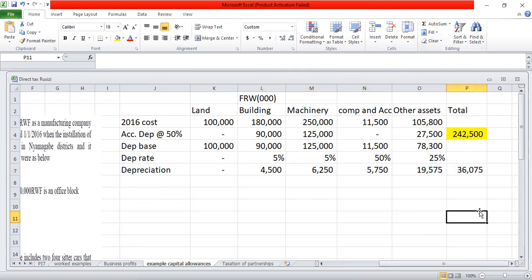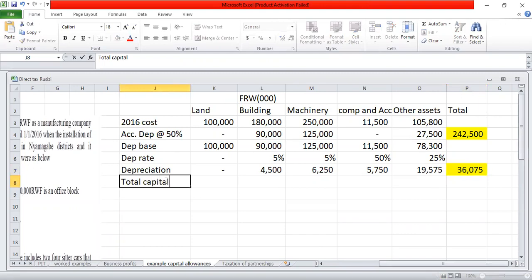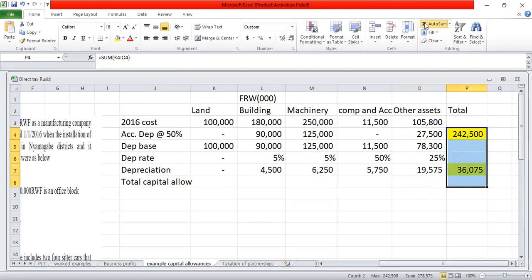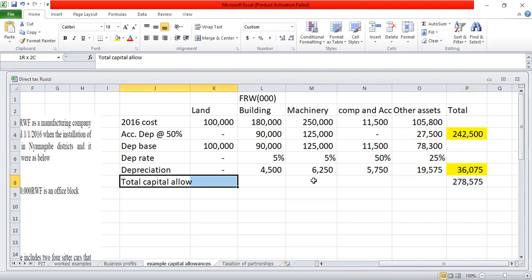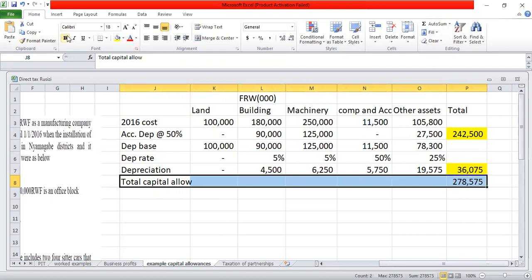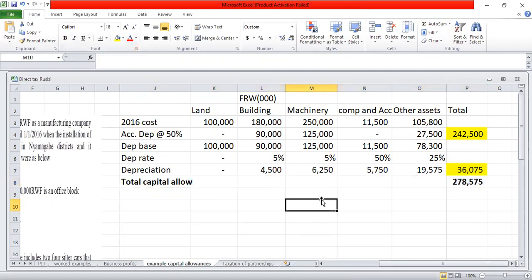So it means in 2016, I'm going to have a total capital allowance, which is this. That is the amount I'm going to take. I'm going to take it to my profit and loss as capital allowance when I'm computing corporate tax. I will have the accelerated depreciation of 242, then I get the normal depreciation of 36.